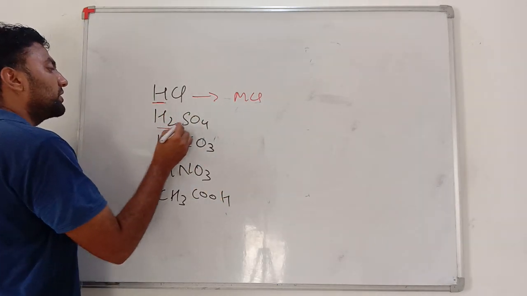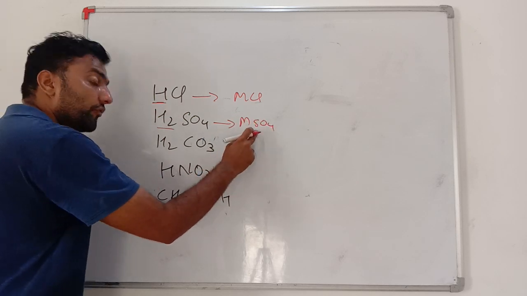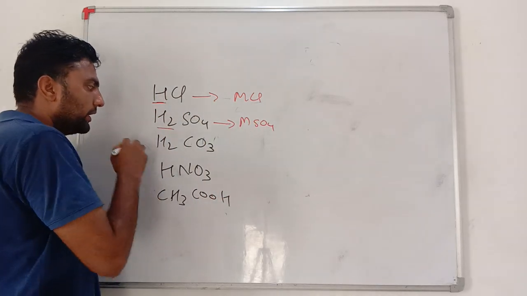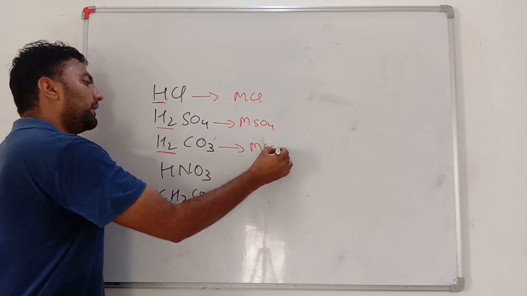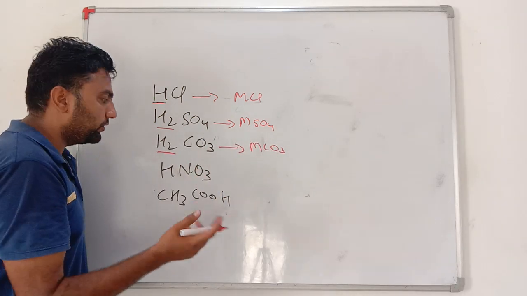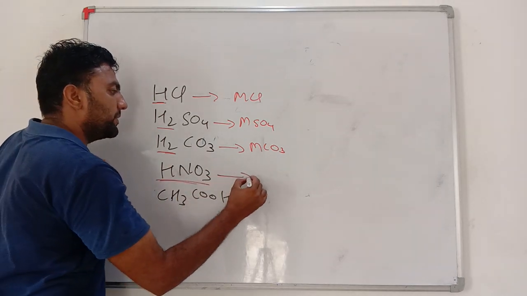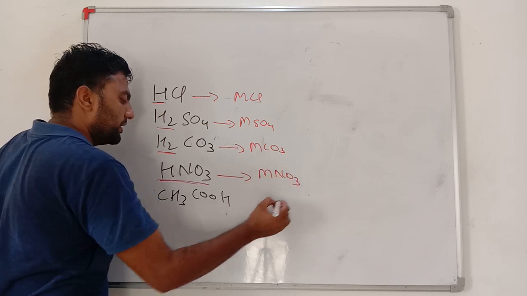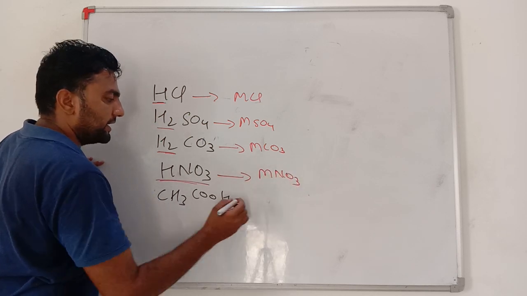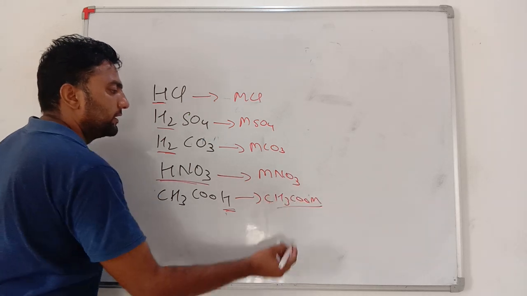If the hydrogen of sulfuric acid is replaced by any metal, we get a metal sulfate, that is a salt. If the hydrogen of carbonic acid is replaced by any metal, we get a salt. If the hydrogen of nitric acid is replaced by any metal, we get a salt. Very important, my dear students. If the hydrogen of acetic acid is replaced by any metal, what we get is a salt.